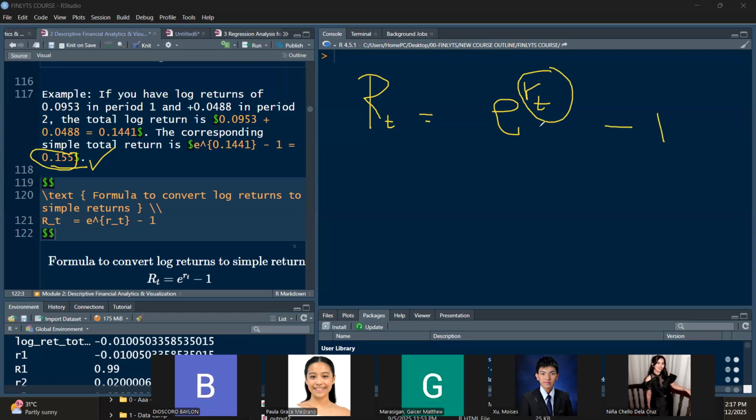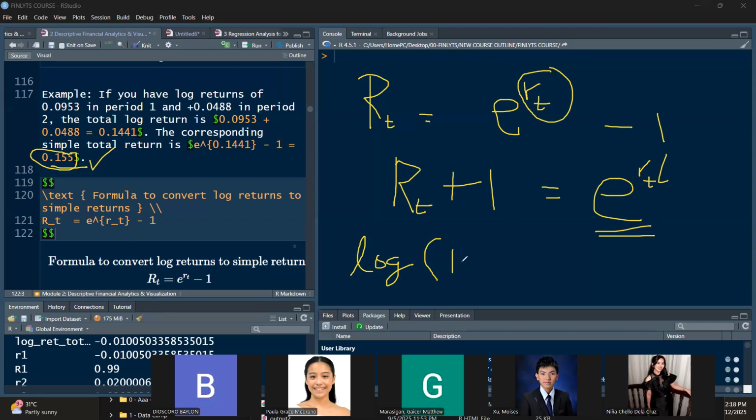From this formula, we first transpose the 1 here, right? So this becomes r sub t plus 1 is equal to e to the r sub t. Then how do we compute for the r sub t? We have to get the log of this, class.